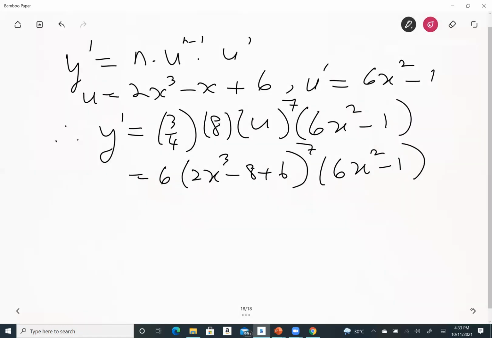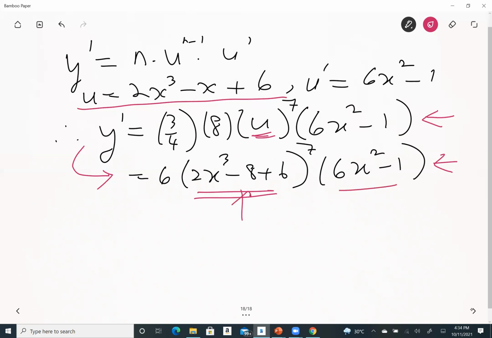Now, if you're familiar already, after you do it a few times, you can skip the step here. You don't have to put that u, because we know what u is: u is 2x cubed minus x plus 6, the terms in the bracket. So you can do right away the finished product, in other words, n multiplied by u to the n minus 1, with u in terms of x, and then u prime.